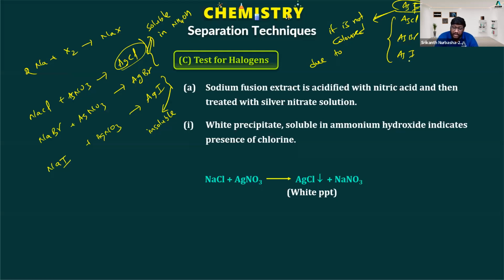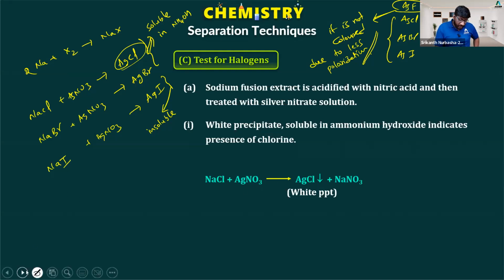AgF, AgCl, AgBr, AgI: Ag+ is the same. Will AgF have greater polarization or lesser polarization? Lesser, because F- is small in size, so the outermost electron density cannot be polarized. So it is not colored due to less polarization. So AgF is not colored. That is why we can't detect fluorine, but chlorine, bromine, and iodine can be detected.